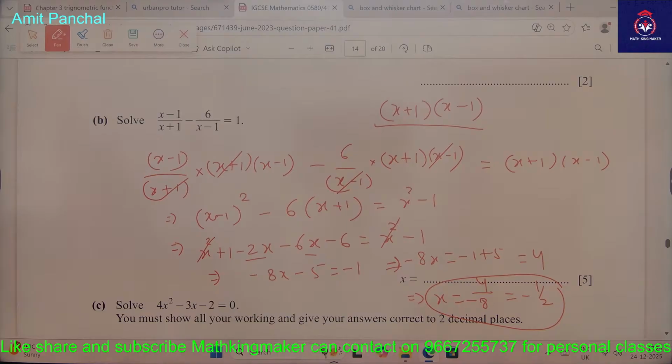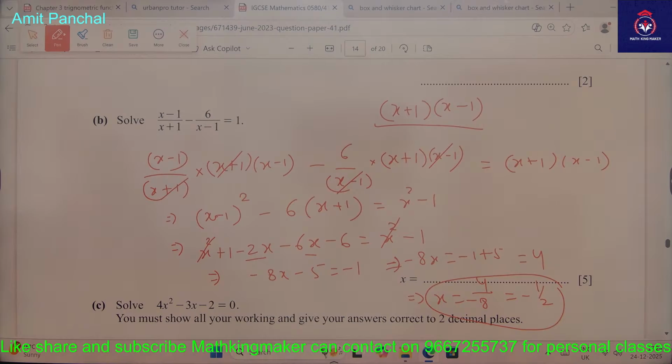It is from 6.1, solving equations. So if you go through these exercises, it will be easy to understand this type of question.